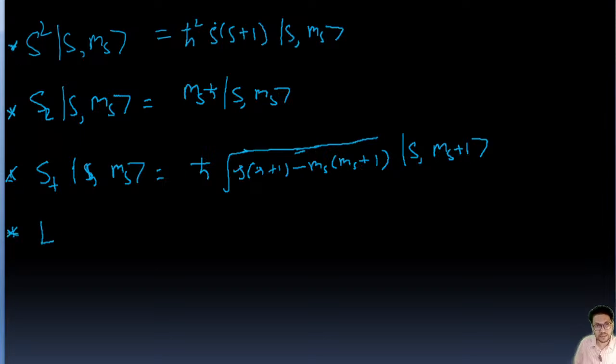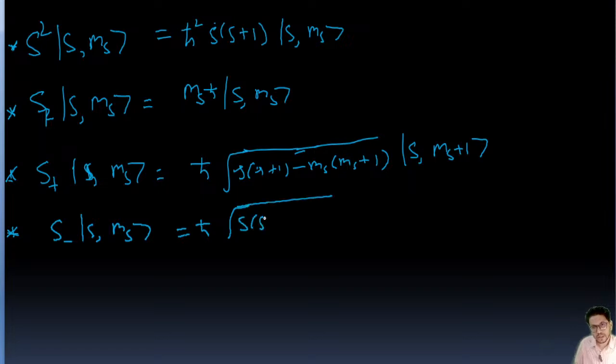Similarly for S minus on |s, ms>, it is ħ root of s(s plus 1) minus ms(ms minus 1), giving |s, ms minus 1>, which decreases ms.